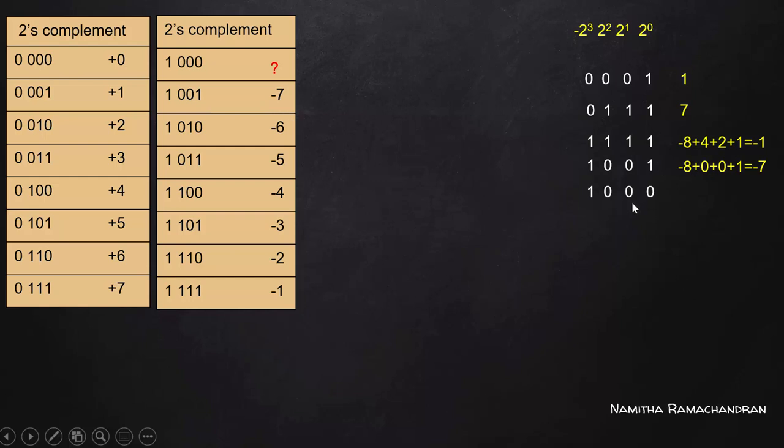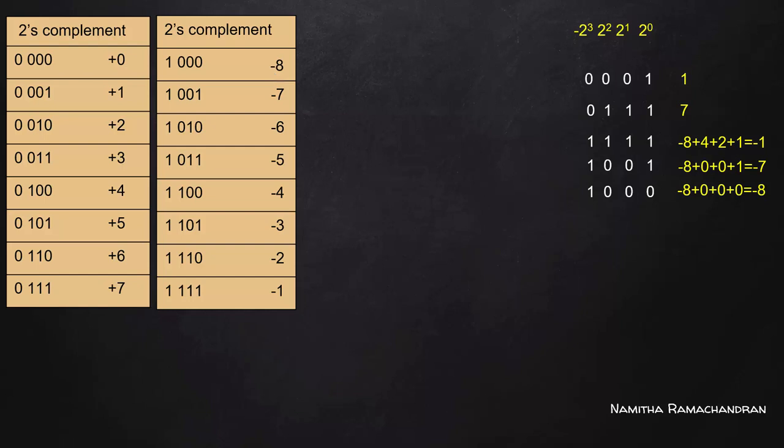Okay, for this particular binary representation, what is the value? The product terms corresponding to these three bits become 0. So, minus 8 plus 0 plus 0 plus 0 is minus 8. So this particular representation in 2's complement form is actually minus 8.